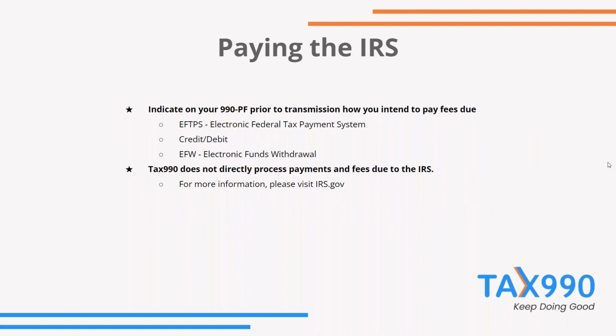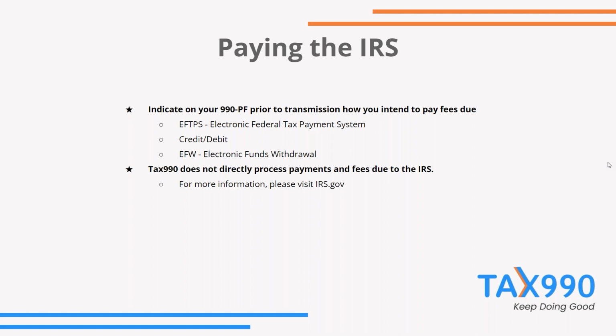With the 990PF and the 990T, these are the only two forms that may have taxes due to the IRS after completing the return. So if you have fees due to the IRS, you'll be notified of the amount owed once you complete the return.